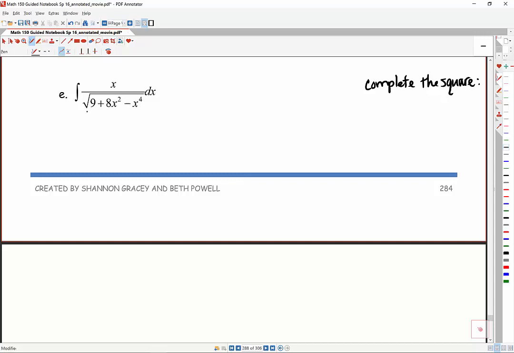So when we complete the square, we'll have negative x to the 4th plus 8x squared plus 9 equals, factoring out our negative, x to the 4th minus 8x squared, leaving a space, we have our plus 9, and so adding negative 4 squared, that's positive 16, but it turns negative from the negative outside, so we really add 16 in order to add 0.